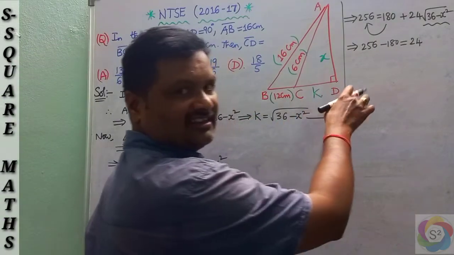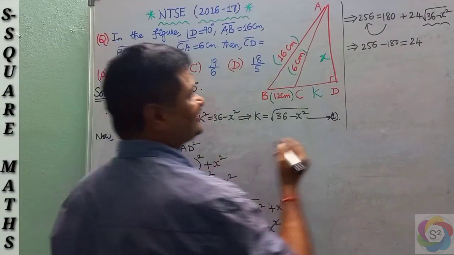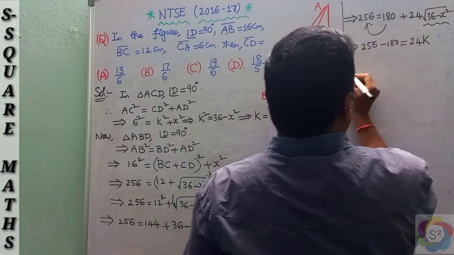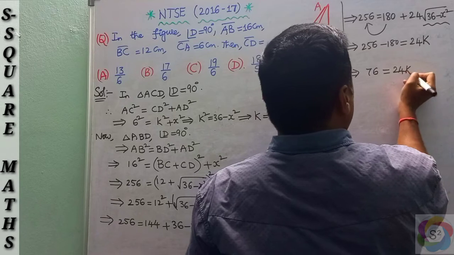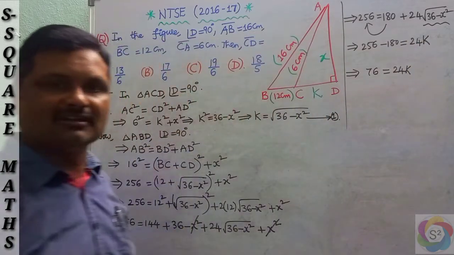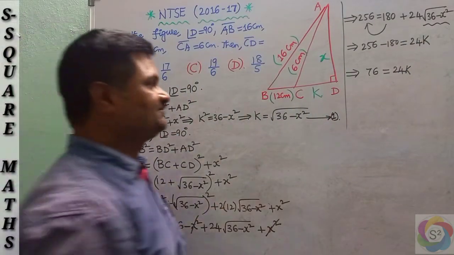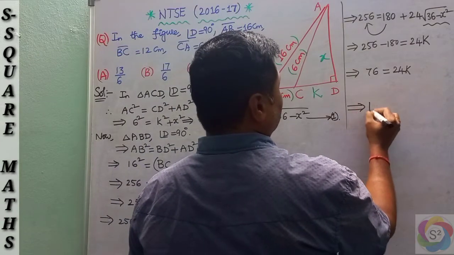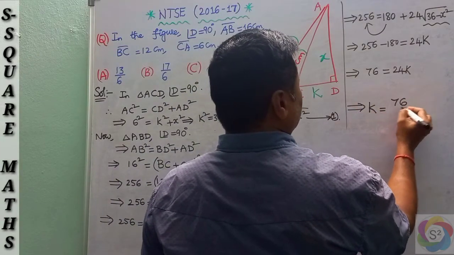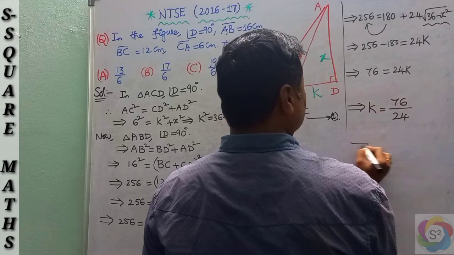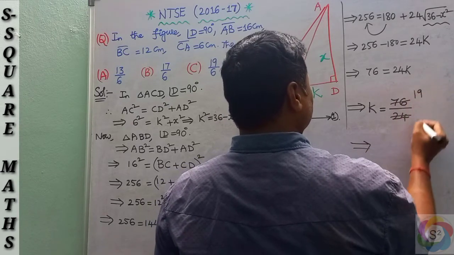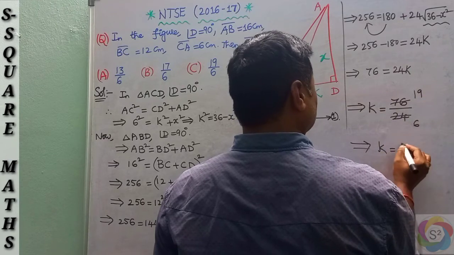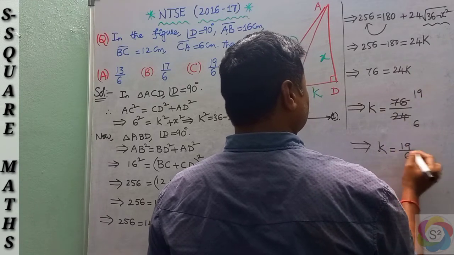This is nothing but our CD. So this is our K. This gives 76 is equal to 24K. Now this is a linear equation in one variable, a simple equation. K is equal to 76 by 24. After cancellation in the 4 table, K is equal to 19 by 6.